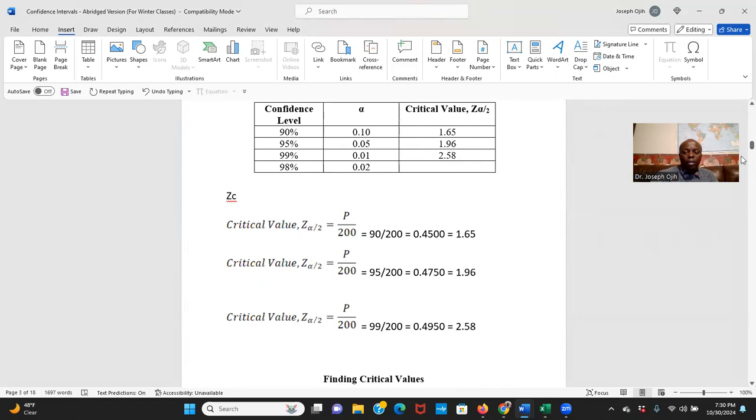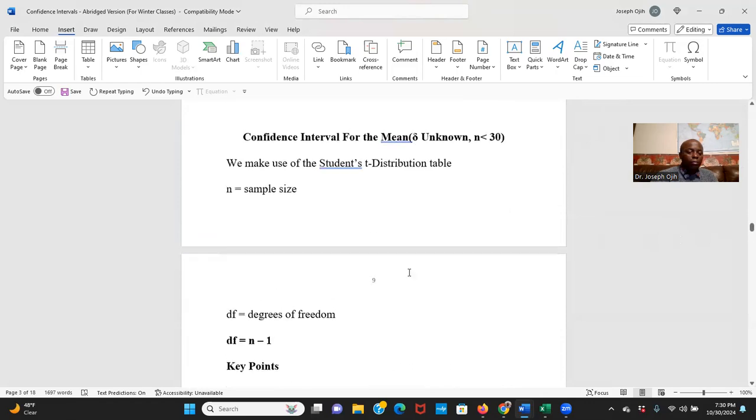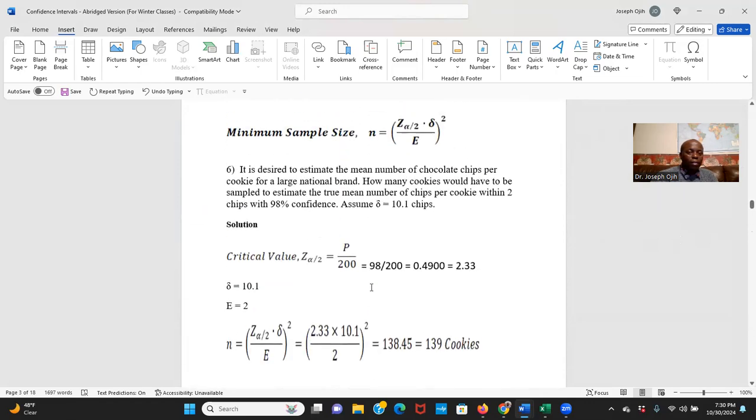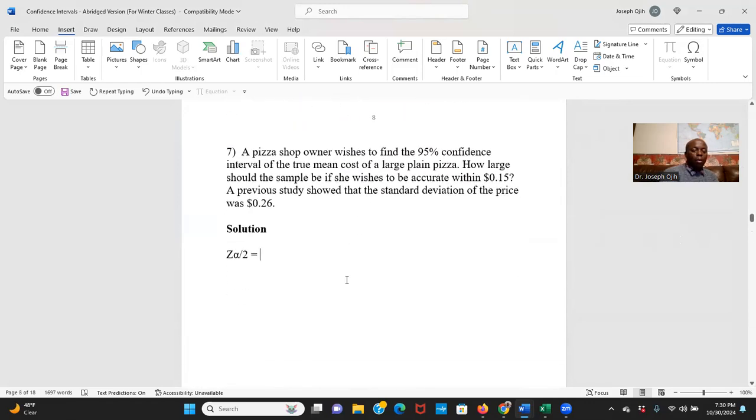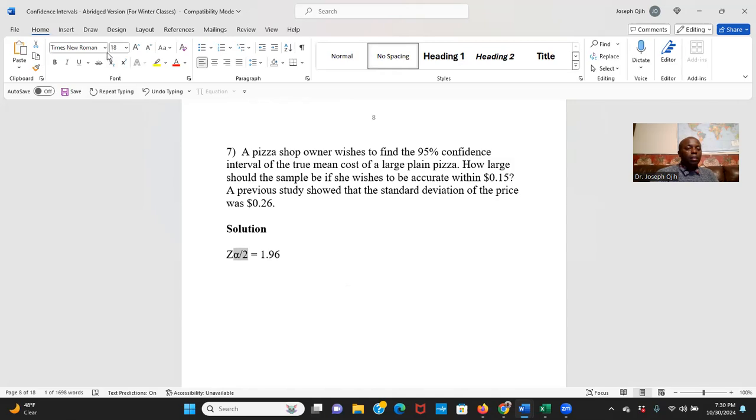So the critical value is 1.96. Go back there. Good, right here. 1.96 here.